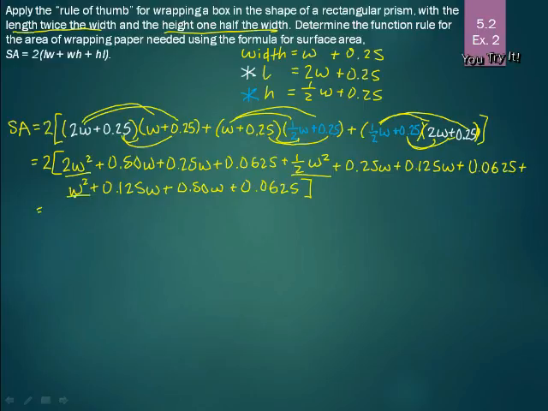So 2 plus 1/2 plus 1 is 3.5, or 3 5/10 W squared. Then we have 50 hundredths W plus 25 hundredths W plus 25 hundredths W plus 125 thousandths W plus 125 thousandths W plus 50 hundredths W.